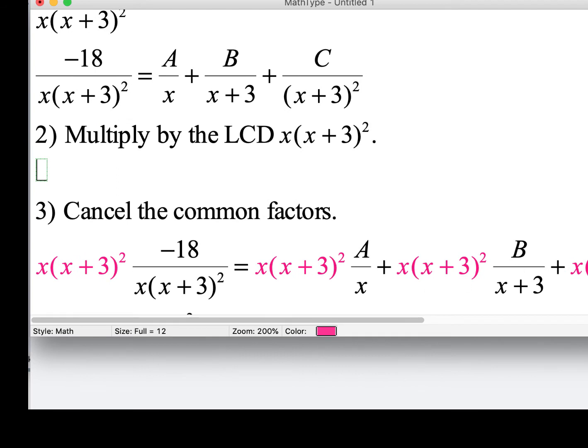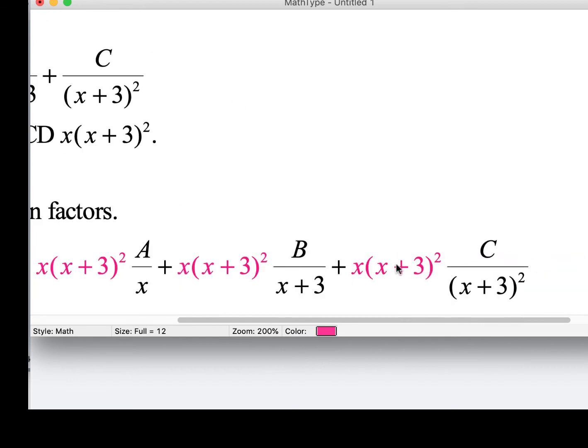Canceling the common factors, the complete denominator will cancel on the left-hand side, the x and the (x plus 3) squared. With the first term, only the x will cancel. With the second term, one of the (x plus 3) factors will cancel. And for the last term, both of the (x plus 3) factors will cancel.